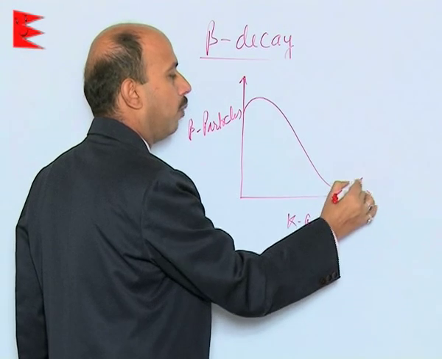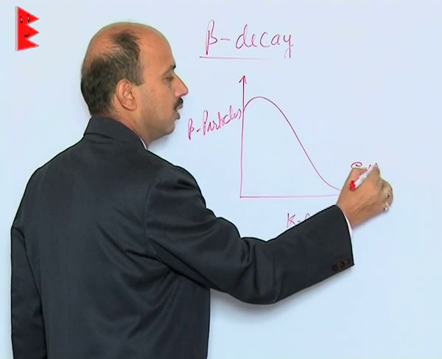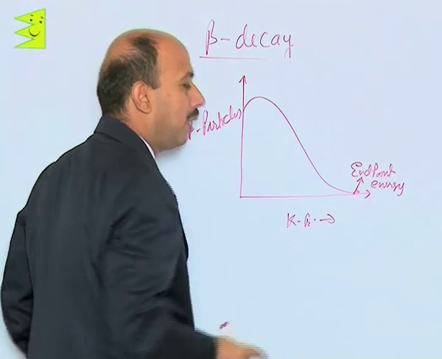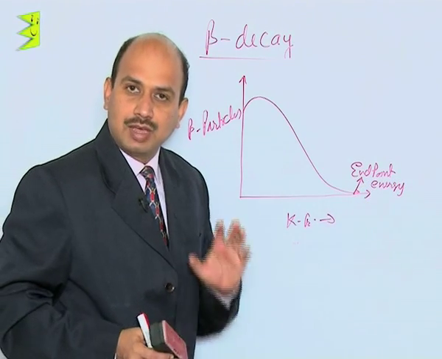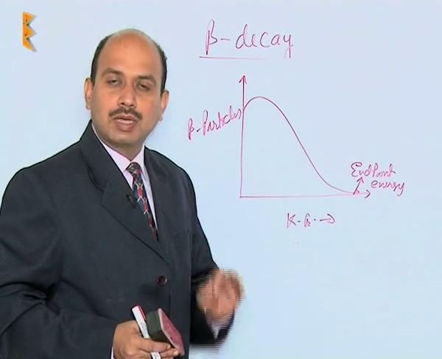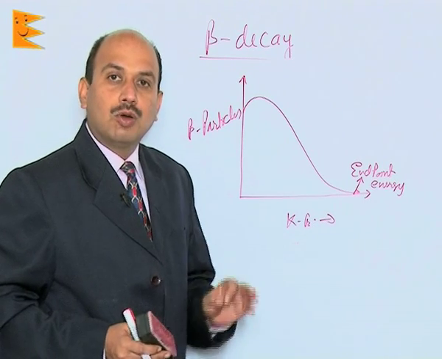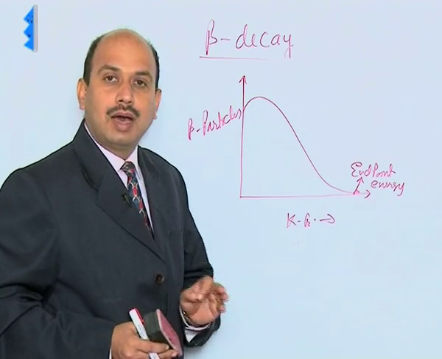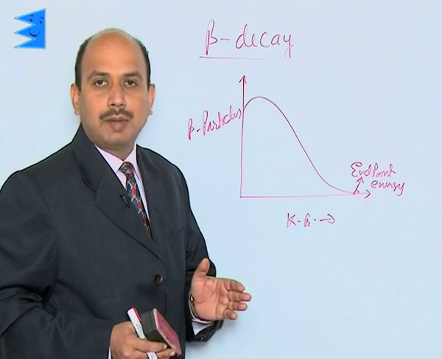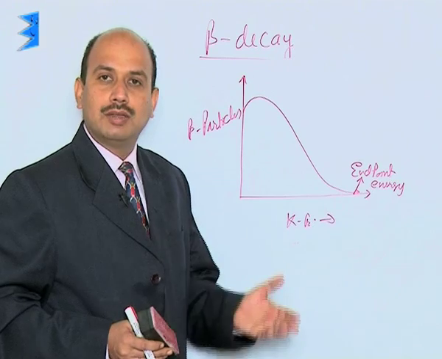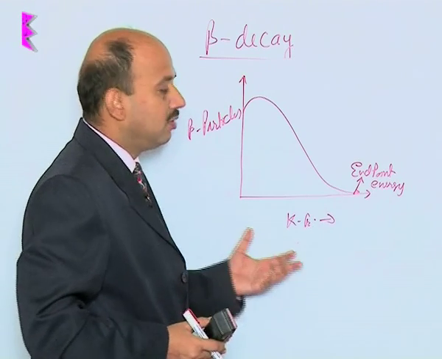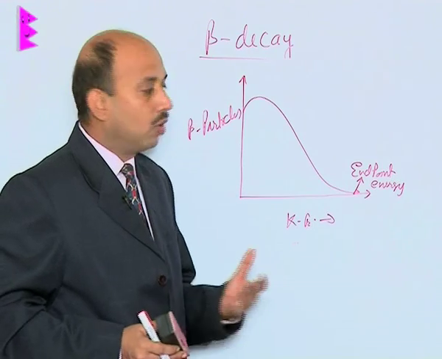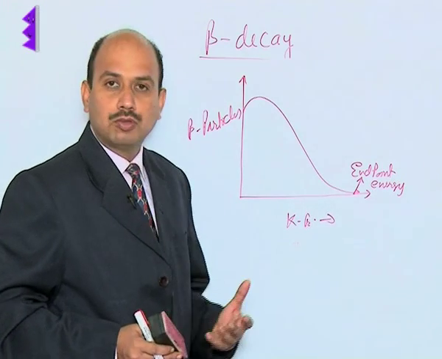This is called the endpoint energy. It means in this process beta particles of all possible energies are emitted. So there is no violation of the conservation of energy, because low energy beta particles are carried away with the high energy neutrino and high energy beta particles come along with the low energy neutrinos. So this is the graph here. So actually the beta emission is a continuous one, because beta particles of all possible energies are emitted.